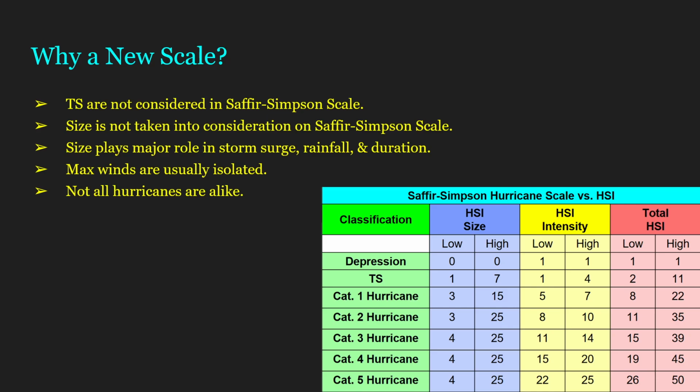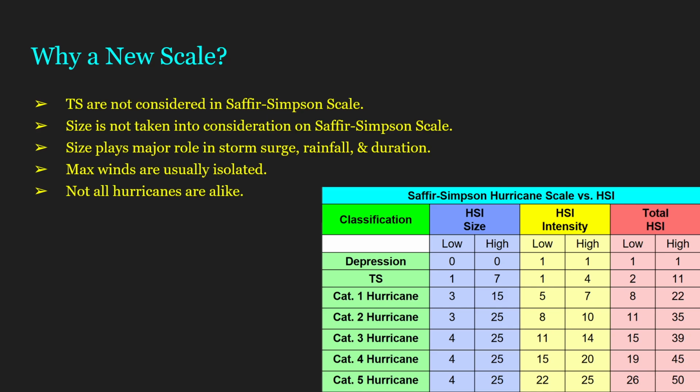The Saffir-Simpson really assumes that all hurricanes are alike. Just look at Andrew and Ivan and Gilbert, specifically the wind field size. Ivan had a much larger wind size than Andrew, and Gilbert had a much larger wind size than Ivan.